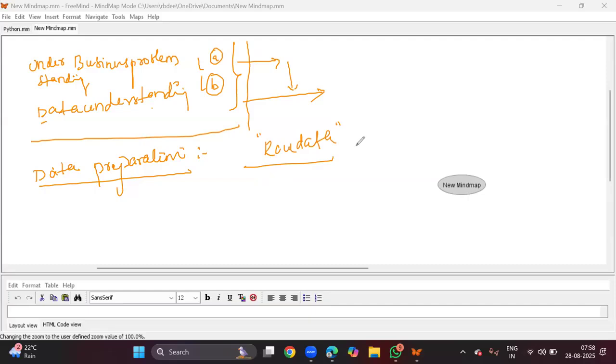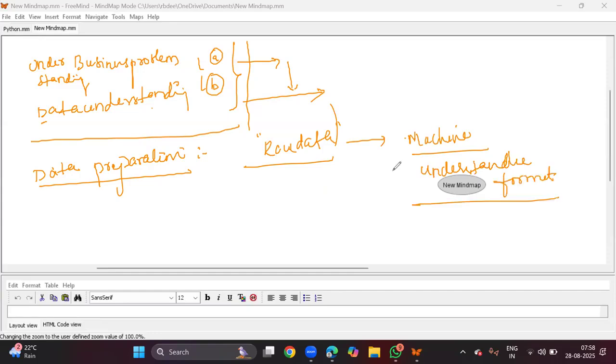That is nothing but what we call raw data. This raw data has to be converted into a machine-understandable format, because a machine understands only a language of its own.